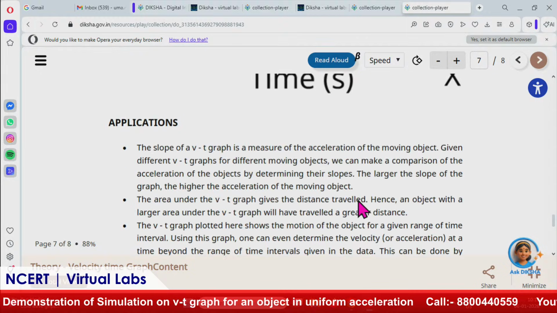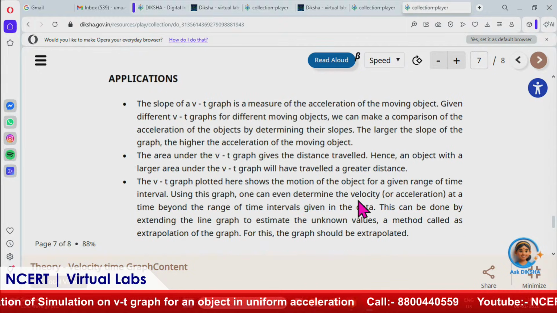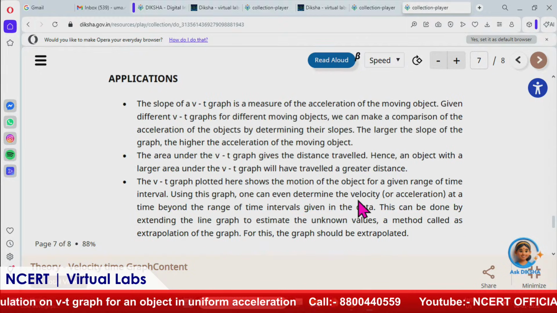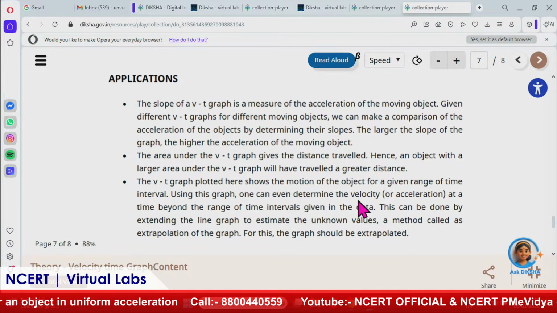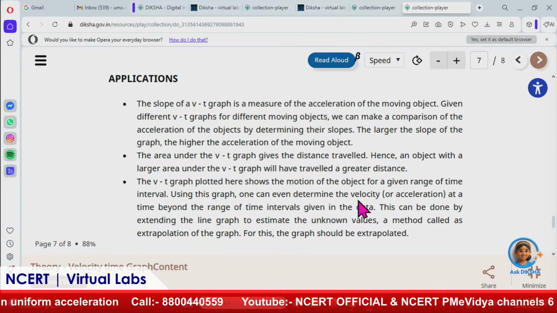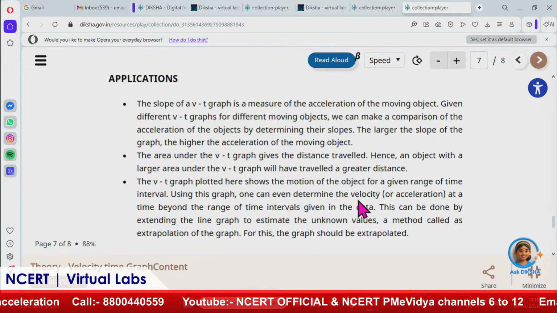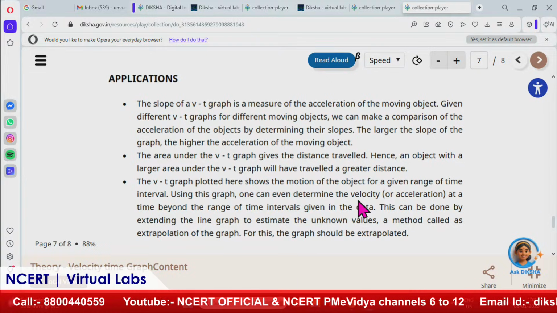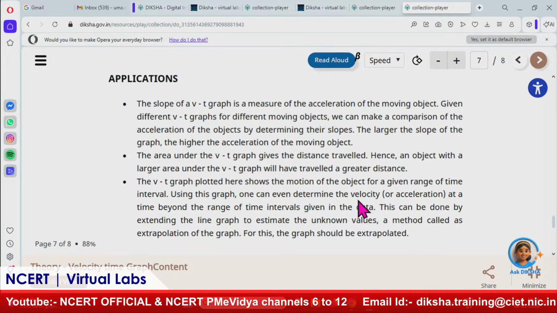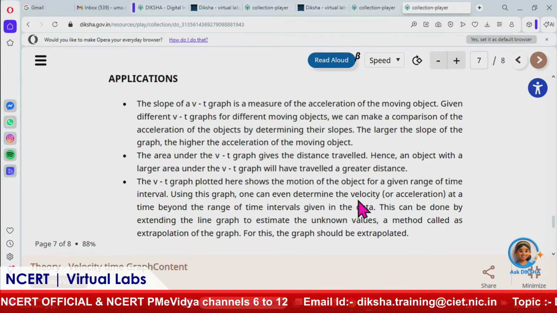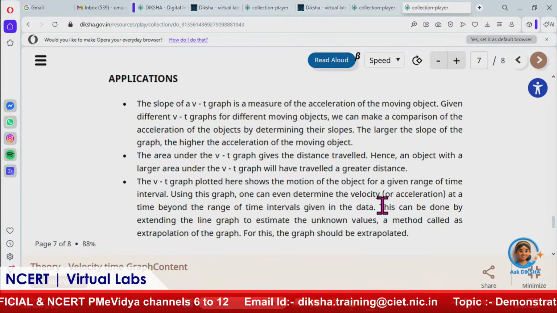Okay. So importance, as I have already mentioned, different applications are there. One of them is we can analyze the motion. First, we can identify the motion types, then we can calculate the key variables, which are slope and acceleration and distance or displacement, and also we can visually analyze the entire motion of an object.